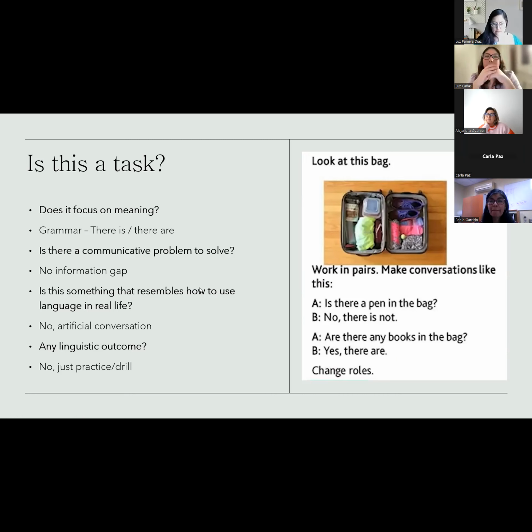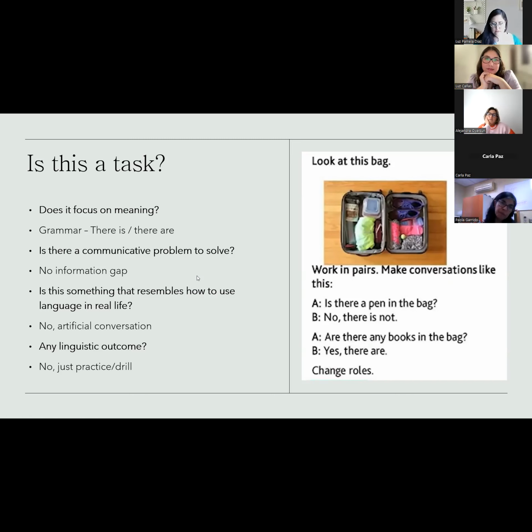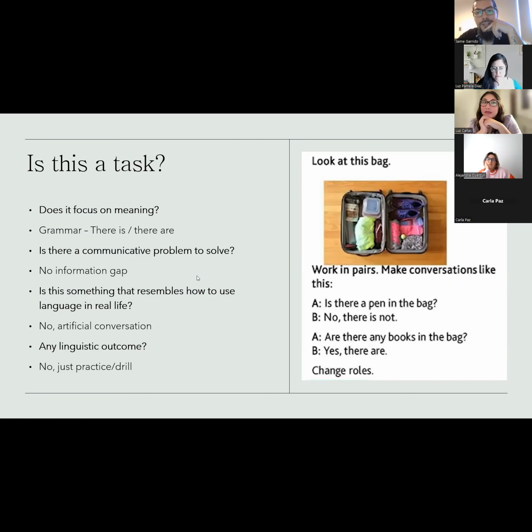Okay, let's see. What can we do? Any ideas on how to turn this exercise into a task? The checklist on the left is helpful. I'm thinking, just out of the blue, you provide this context: you're going away with your partner, on a beach vacation, I don't know.